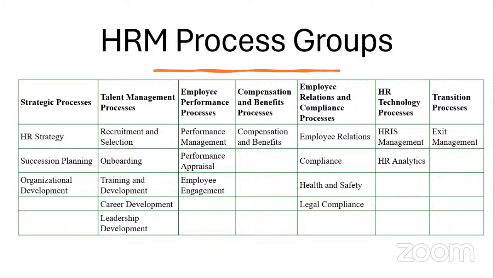Then we have the employee performance processes. Under the employee performance process, we have the performance management, performance appraisal, employee engagement, all of that. Then we have the compensation and benefits processes. Maybe part of the things we can also add here is the payroll administration.